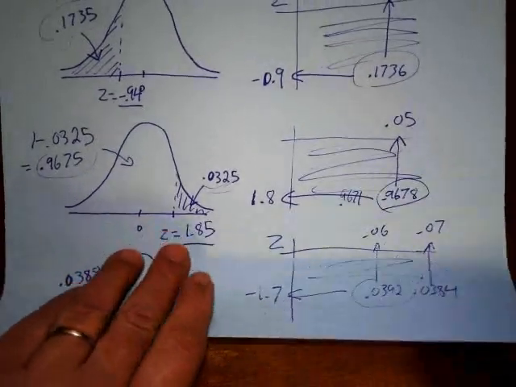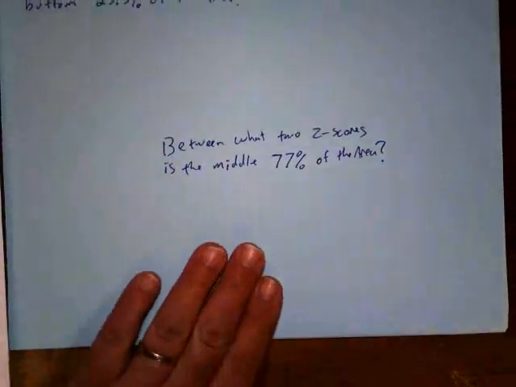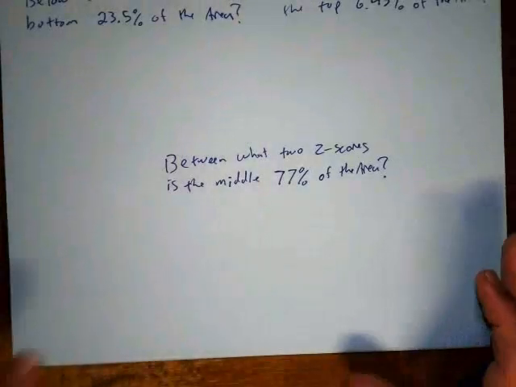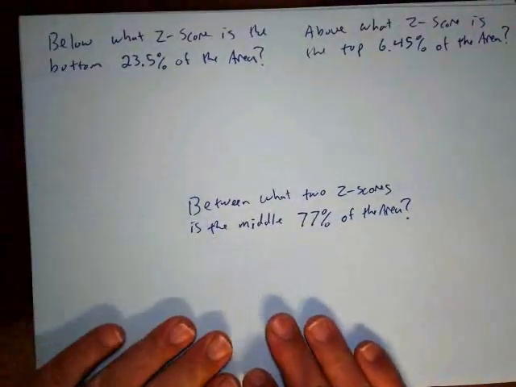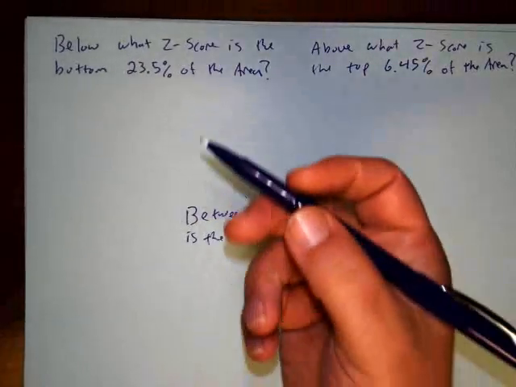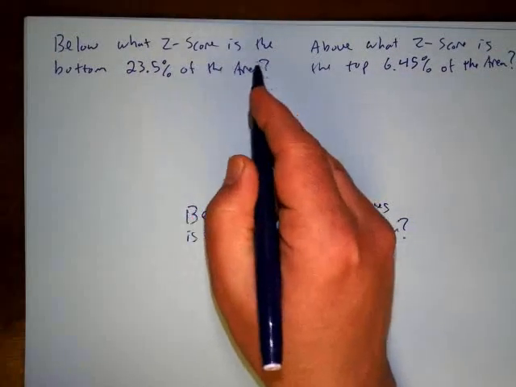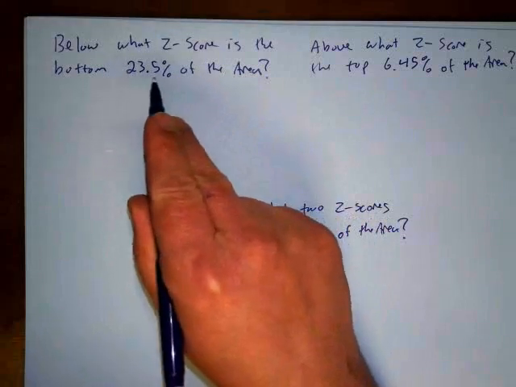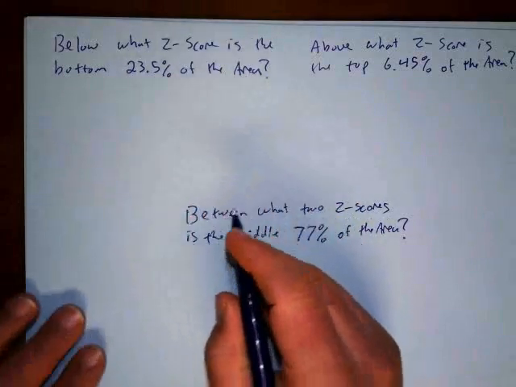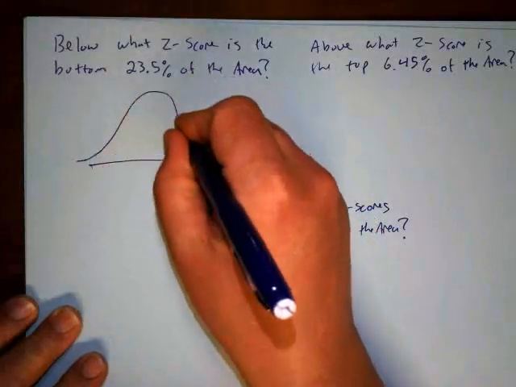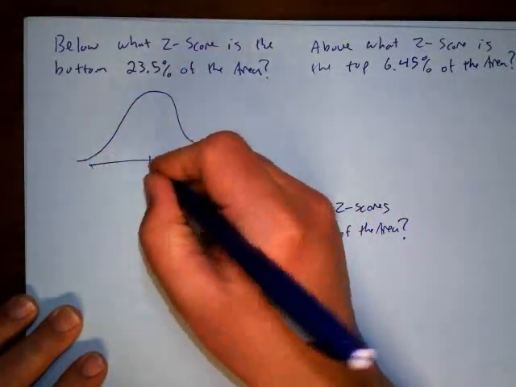Okay, so now here's some of the problems. You might have some problems that look like this. They're going to have percentages, and they'll ask questions like, below what z-score is the bottom 23.5% of the area? So what I would do with these is draw a picture. Put 0 in the center.